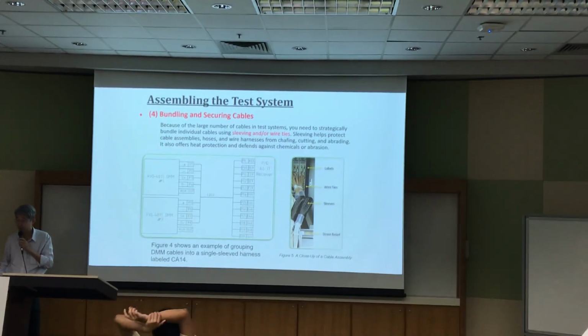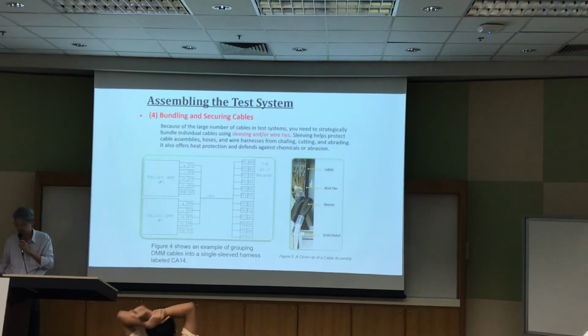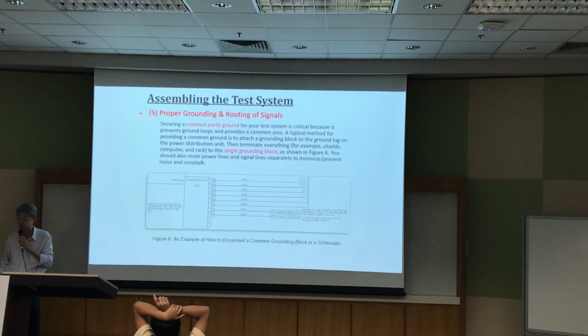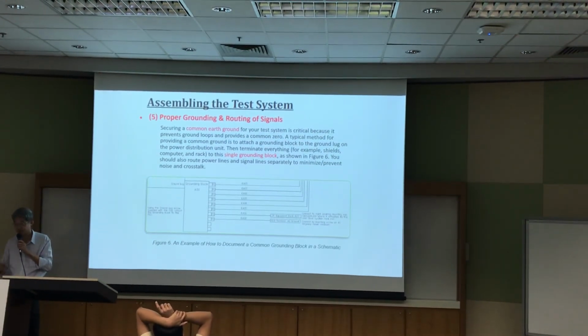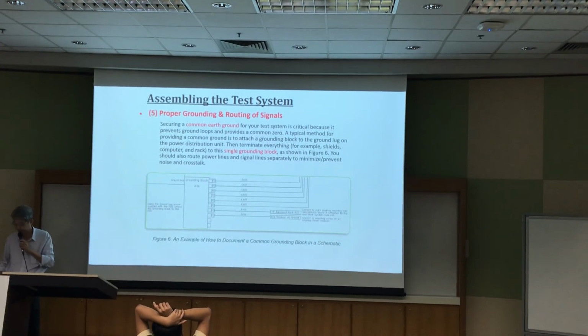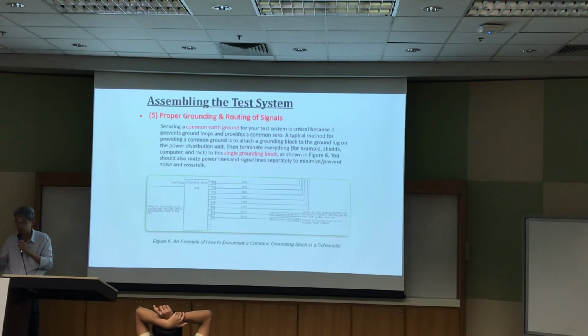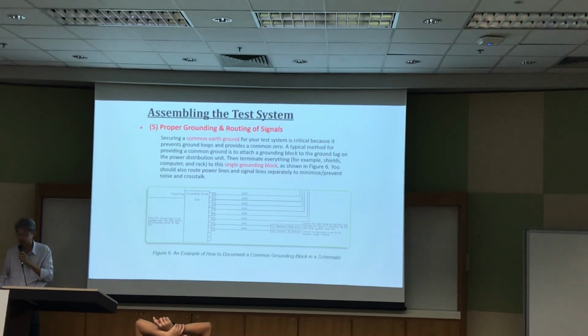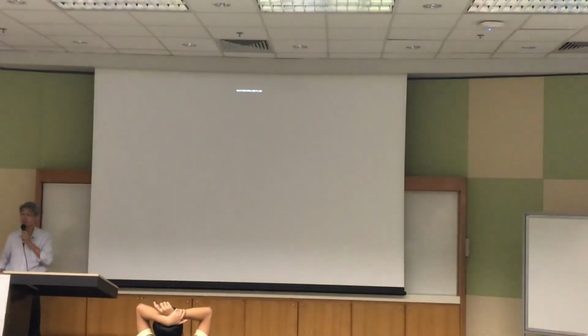How you bundle them, how you secure them, is all listed there. And finally, how you ground them properly to prevent electrical interference due to noise, grounding of this signal. So these are the 5 elements that you could watch out for when you assemble a test system. That's it.